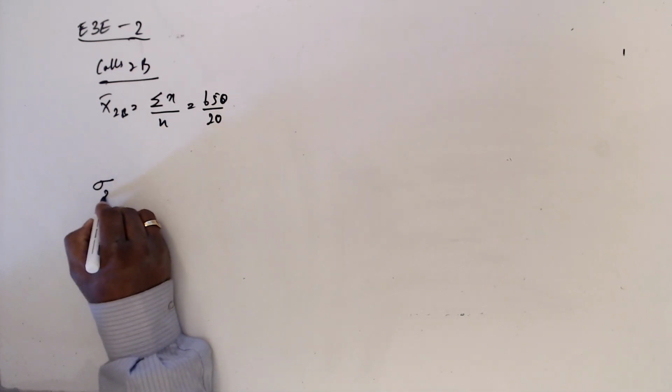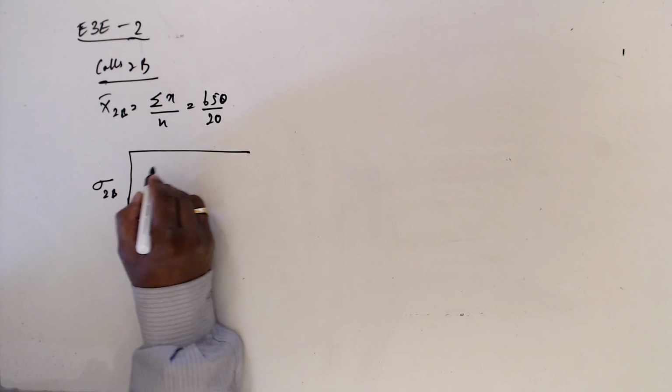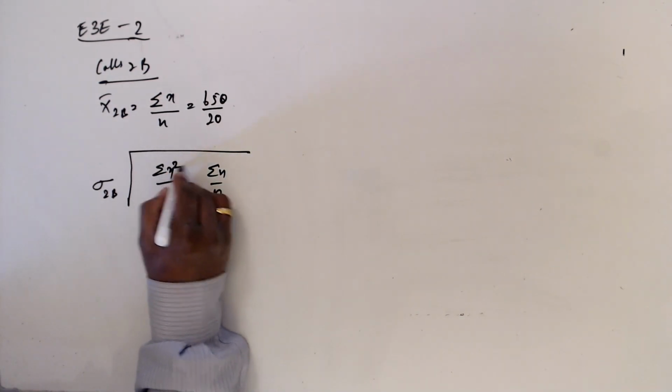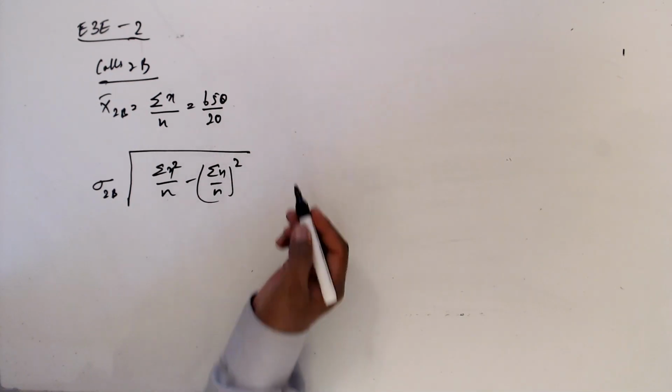Standard deviation of 2B equals the square root of summation x squared over n minus (summation x over n) squared.